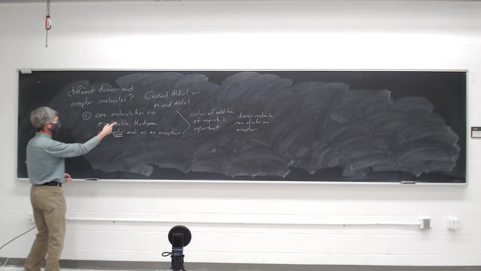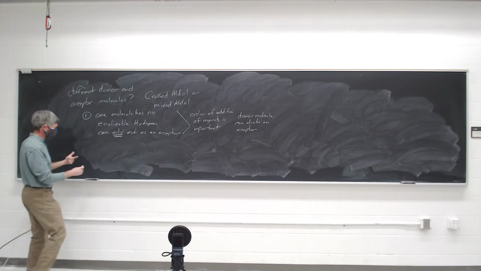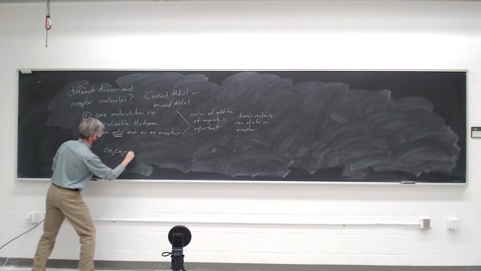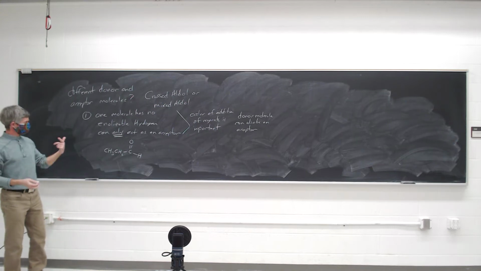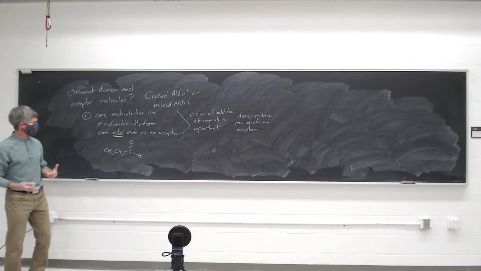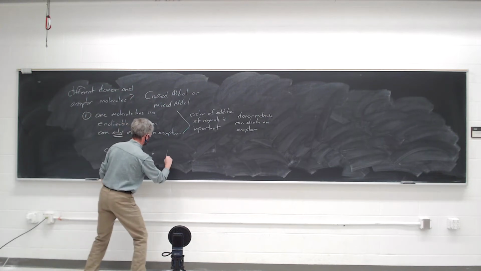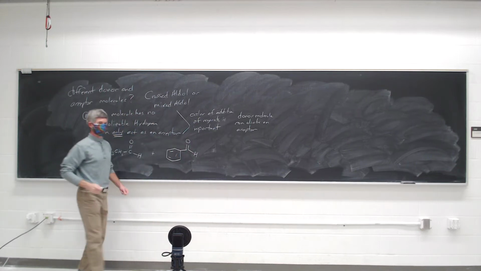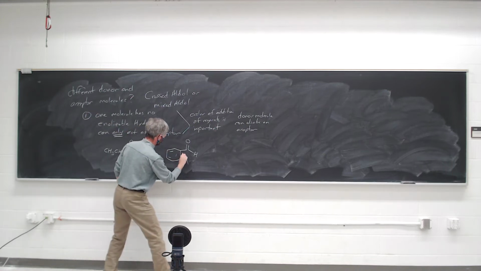So let's look at an example where you have one molecule that can act as a donor or an acceptor, and one molecule that can act as an acceptor only. So something that doesn't have an alpha hydrogen, and the example would be benzaldehyde, because now we have an aromatic ring here, but there's no alpha hydrogen.